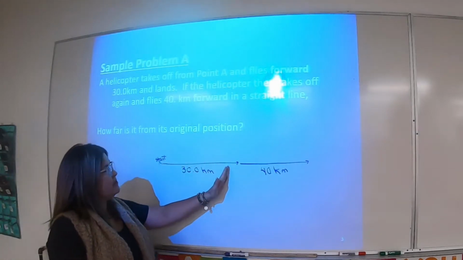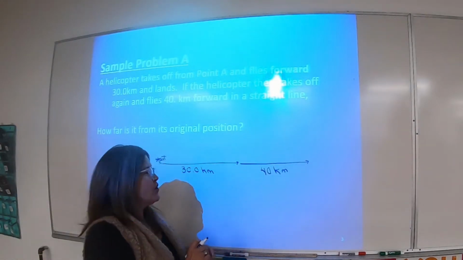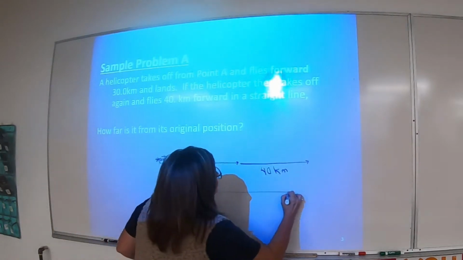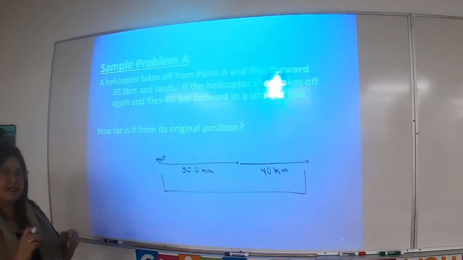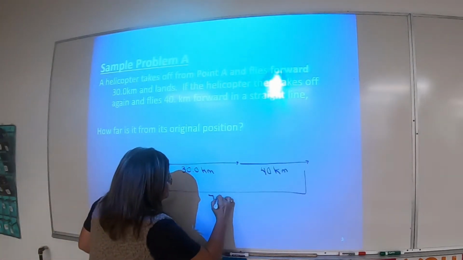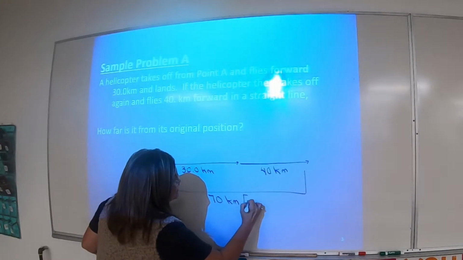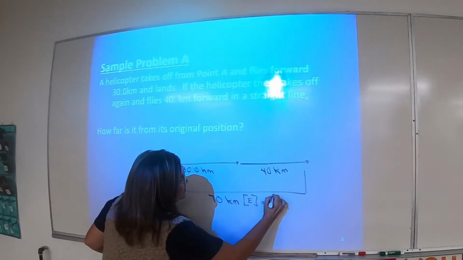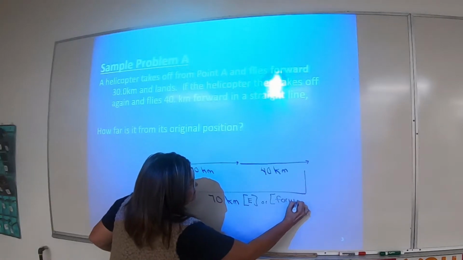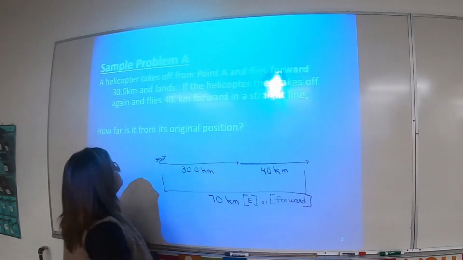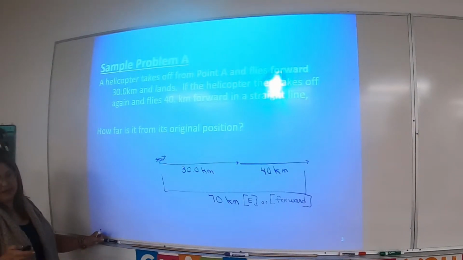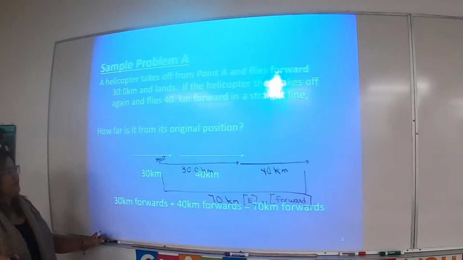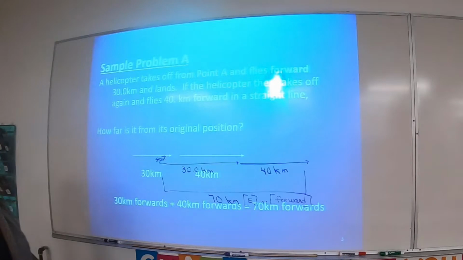I went 30 kilometers and then 40. So how far away am I from the original position? 70 kilometers. I am 70 kilometers east or forward. So the two arrows, 30 and 40, give 70 kilometers forward.